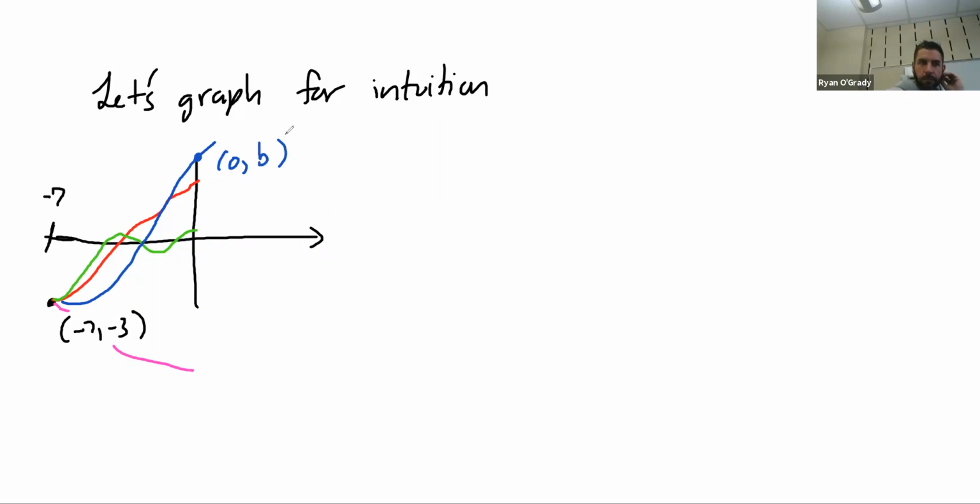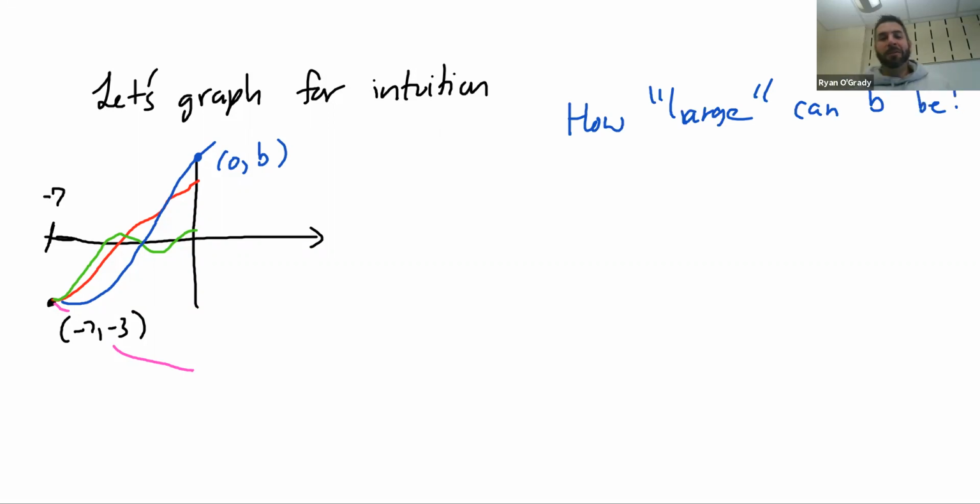So the question is, how, quote unquote, large can B be? It's because typically when we have arbitrary intervals, we say A comma B, right? We always say A and B. So that's why.